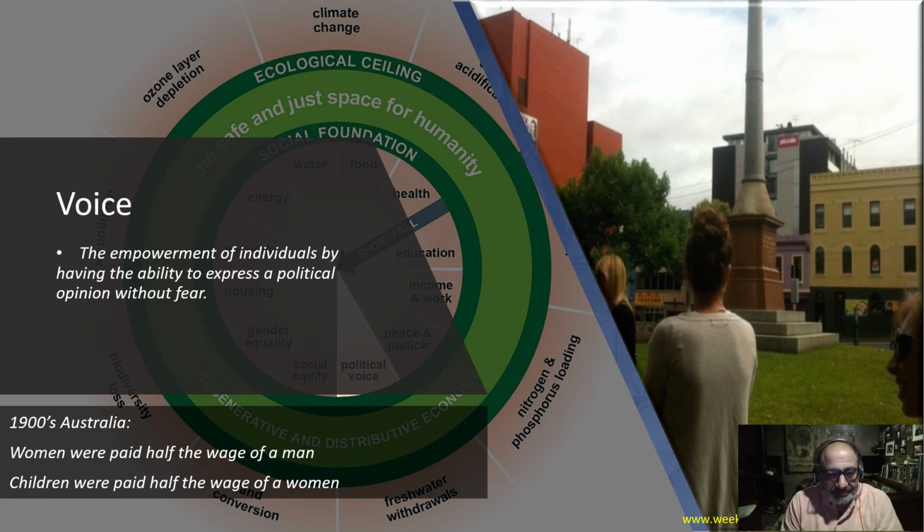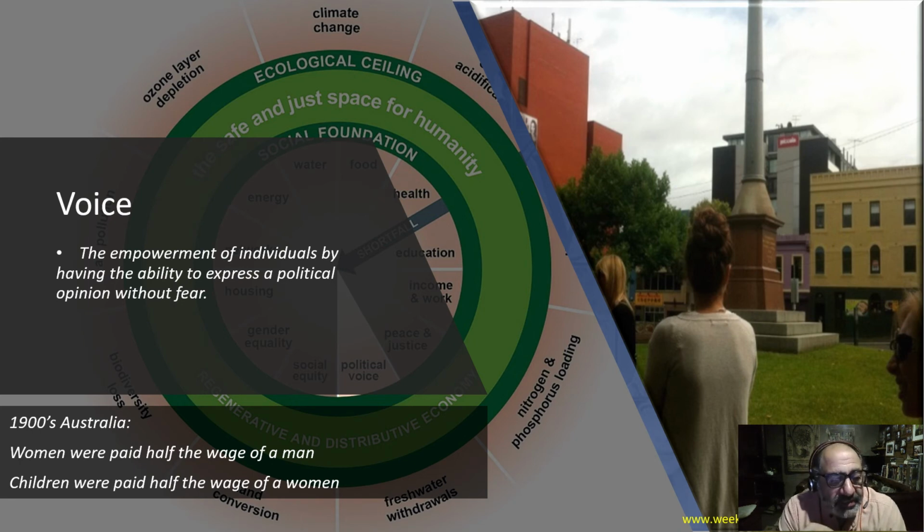Okay, we're getting there. Voice. Kate Raworth says people have to have a voice. So the empowerment of individuals by having the ability to express a political opinion without fear. Why?